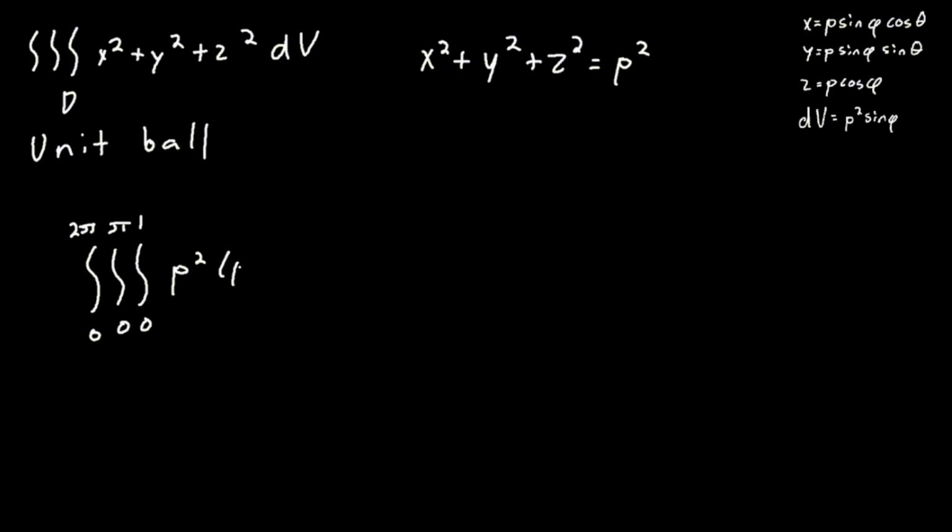So we have p squared sine phi, our transformation factor, whatever you like to call it, and our d values are dp, d phi, and d theta, because that's the order we wrote the bounds in. Let me actually simplify this further to get p to the power 4 sine phi. And this is our integral.